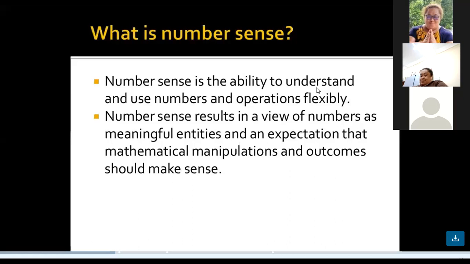So number sense is having the ability that manipulations in numbers and operations should have meaningful outcomes, and that could make sense po. Thank you, ma'am.